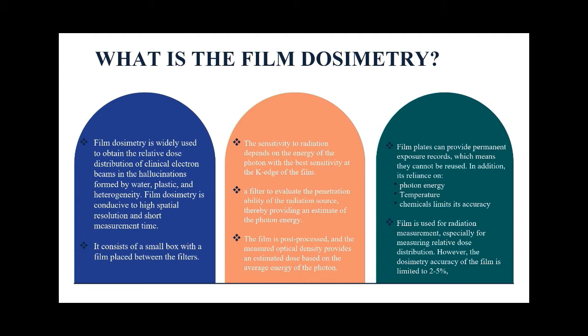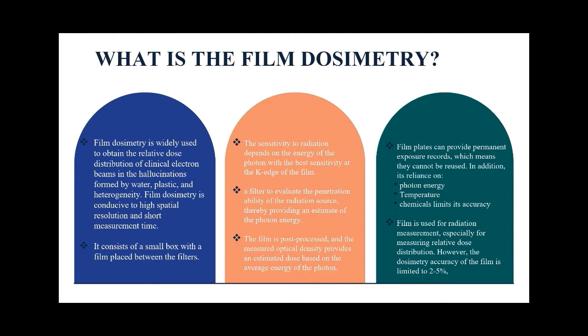The sensitivity to radiation depends on the photon energy, with the best sensitivity at the K edge of the film. Filters evaluate the penetration ability of the radiation source, thereby providing an estimation of the photon energy. The film is post-processed, and the measured optical density provides an estimated dose based on the average energy of the photon.